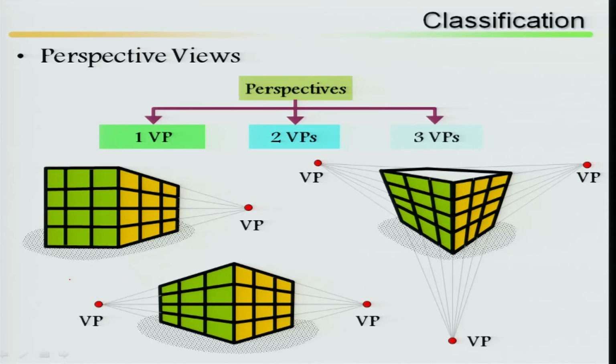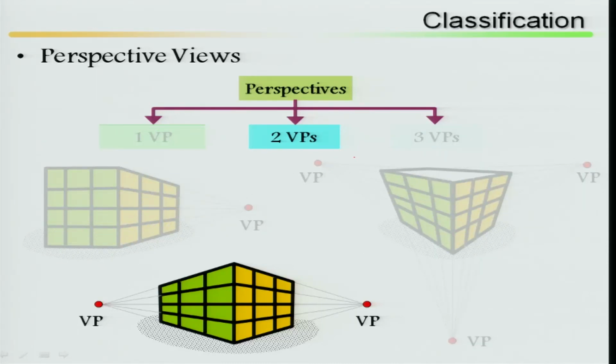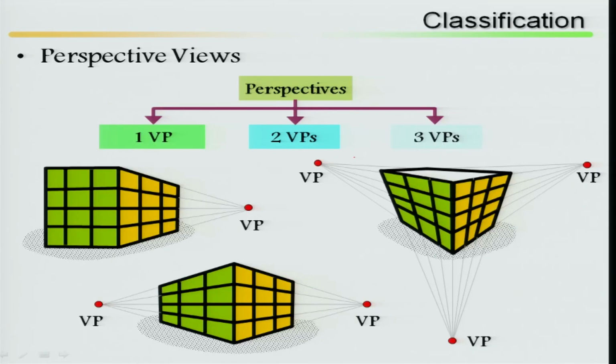In this case I am looking at 3 faces, one is here, one is here, then one is going in this direction, the other in this, x, y and z. So, there will be 3 vanishing points. This is your 1 vanishing point, 2 vanishing point, then 3 vanishing point.